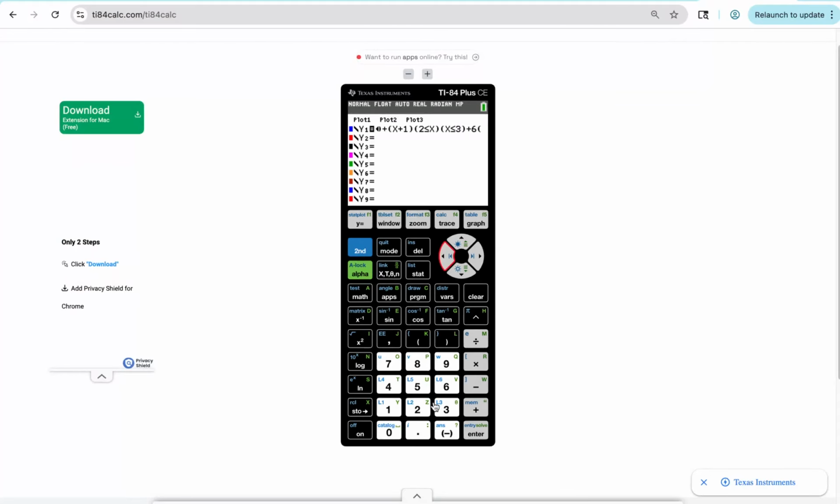And it's going to be 6 when x is, and then here's where you go second math. And you can get these. Did you see that? Okay. So then after that, you just hit graph. See?